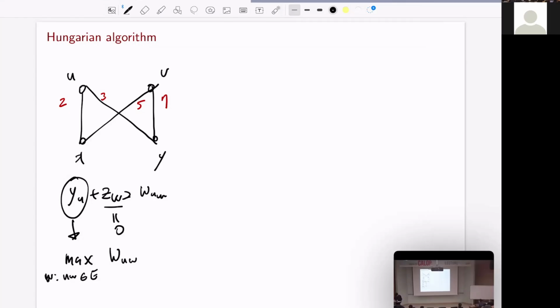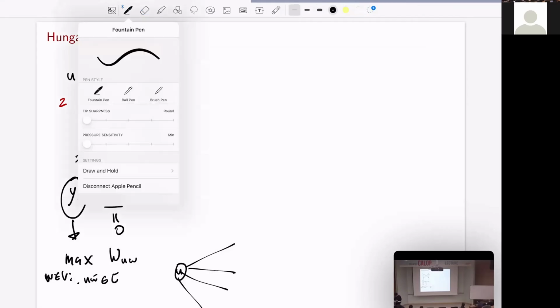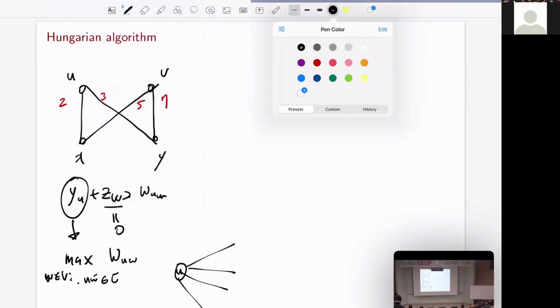So I look at this vertex u and look at all the edges attached to this vertex, and I take the maximum value of it. Among the neighbors of u, I take the maximum weight. So in that case, yu will have value 3.